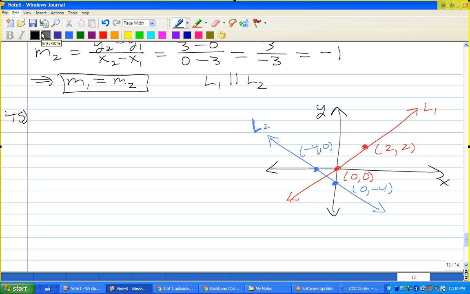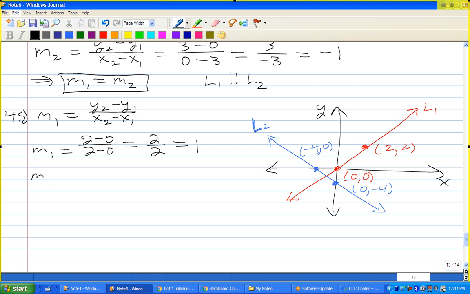So let me look at the slope of the first line. And so let's do y2 minus y1 over x2 minus x1. And so I have 2 minus 0 over 2 minus 0, which is 2 divided by 2, which is 1. Let me do the second line. So the slope, change in y over the change in x.